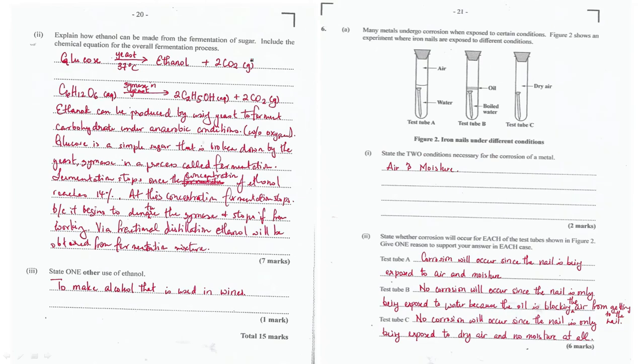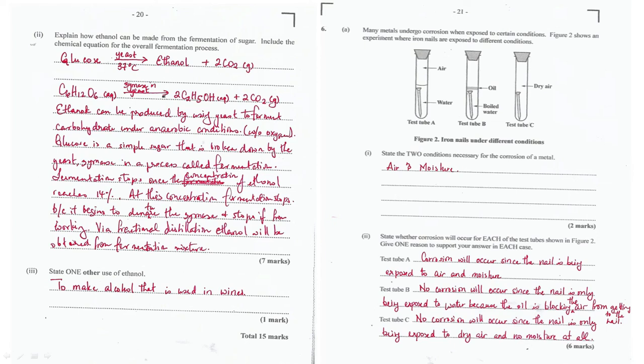Then it says, now explain how ethanol can be made from the fermentation of sugar. Include the chemical equation for the overall fermentation process. Well, once you have glucose and you add some yeast at a temperature of 37 degrees Celsius, what we produce is alcohol and carbon dioxide. And as you can see here, I wrote it here. C 4, 5, 6.